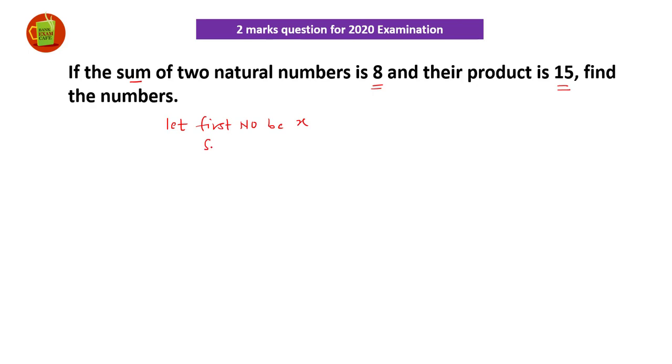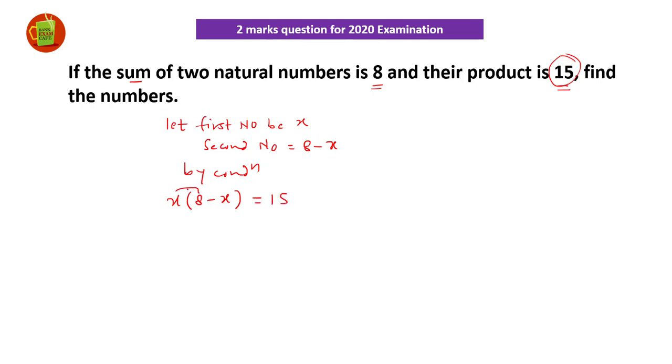So the second number will be equal to 8 minus x, because the sum of the two numbers is 8. So out of that one number is x, so another number will be 8 minus x. And the second condition is given that their product is 15. So by condition, x into 8 minus x is equal to 15.